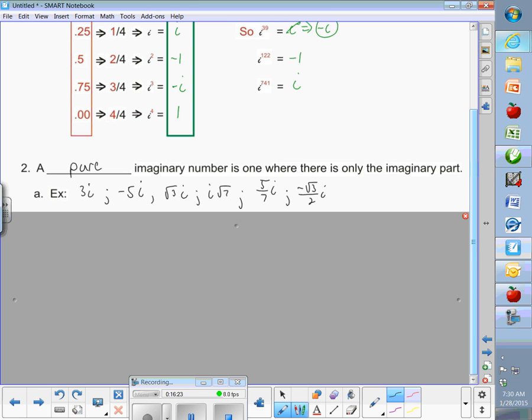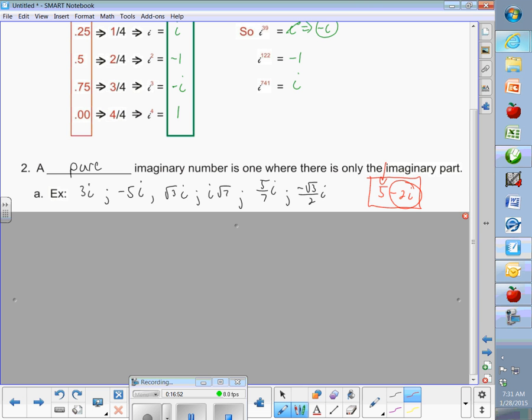Now, we'll get into this next lesson, but just to help you understand, what if it's not a pure imaginary number? What would it look like? Don't write this, but it would look something like 5 minus 2i. This is all one thing. It's called a complex number. It has a real part, the 5, and an imaginary part, the negative 2i.